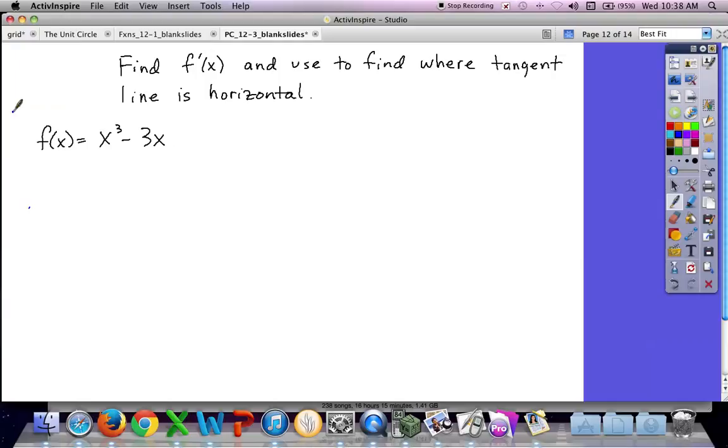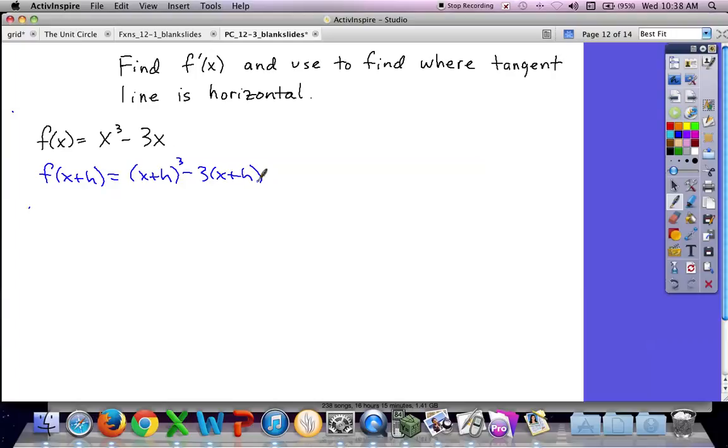Right, so let's see. We need to do the f of x plus h, which is x plus h to the third minus 3 times x plus h. Now, x plus h to the third is not one that you probably have right up there. But this is a binomial expansion.